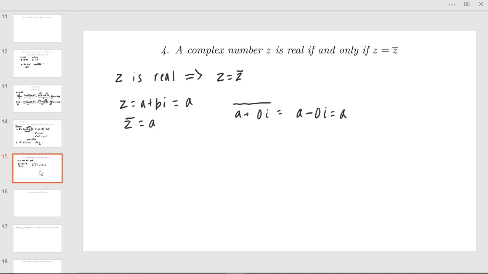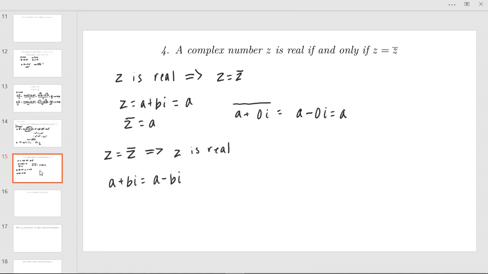Now we prove the other direction. If z is equal to z bar, then z must be real. From z equal to z bar, we have a plus bi is equal to a minus bi.